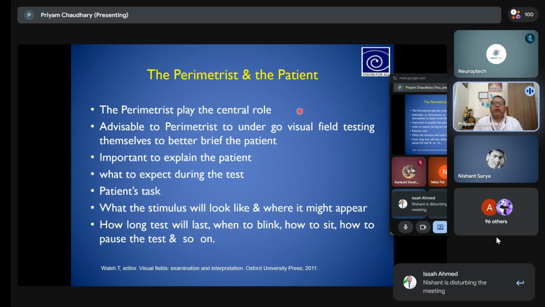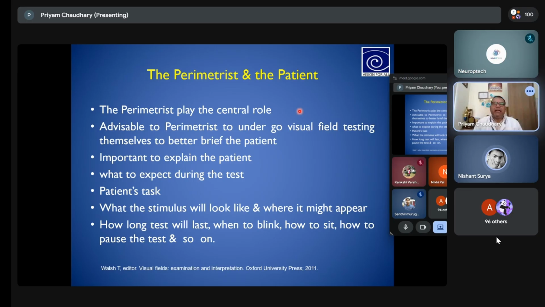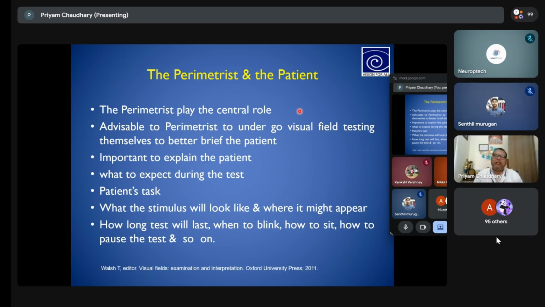It is advised that perimetrists undergo visual field testing themselves to better read the patient. If you are the examiner doing the HVF, first do it on yourself, so you can easily understand how a stimulus looks and what instructions to explain to the patient.